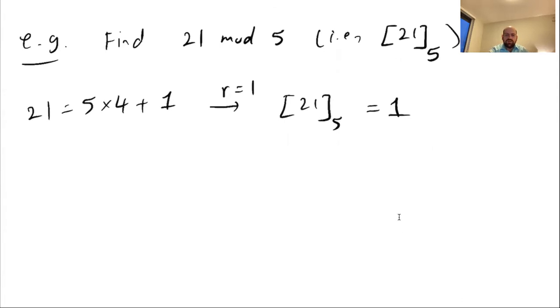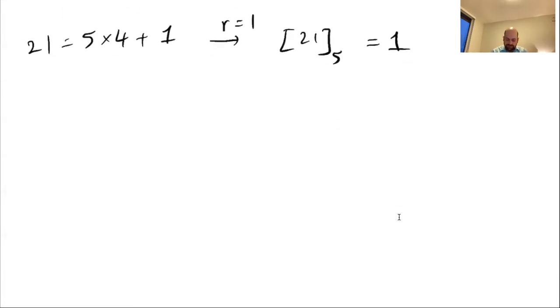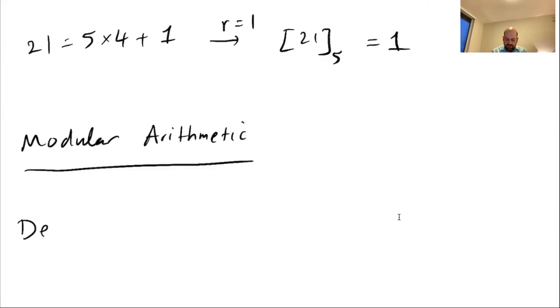Okay, now the next subsection, basically modular arithmetic. Again, definition.